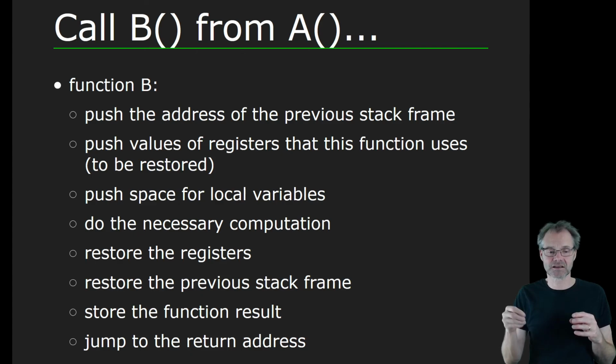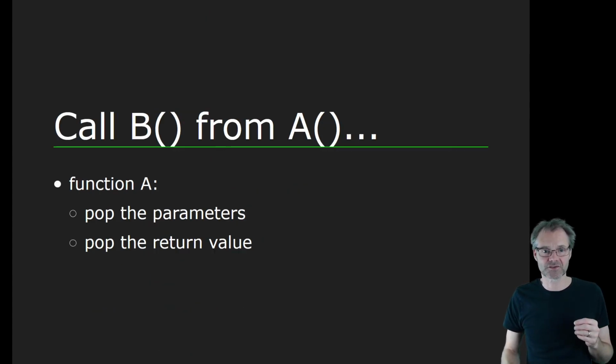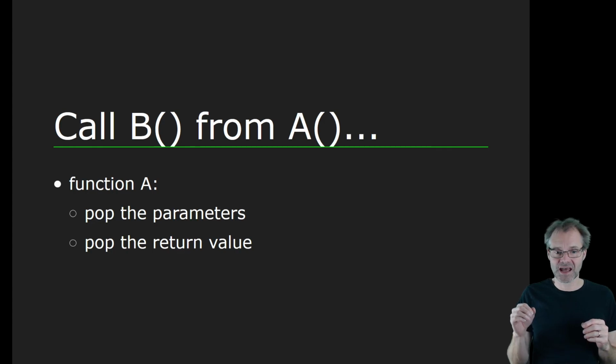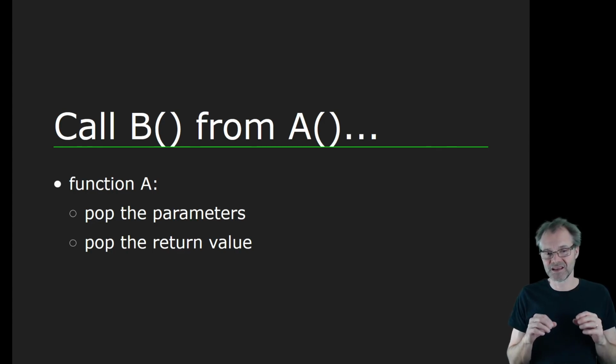And now I'm back in function A. Back in function A, I can pop the parameters, and I can pop the return value from function B. So that is how a function call is done and how that relates to storage on the stack.